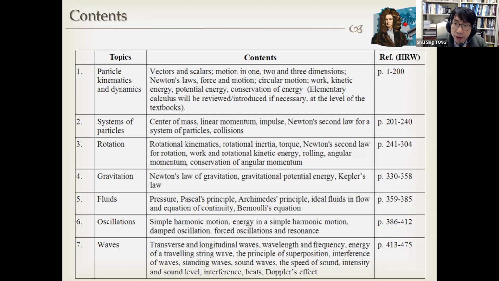Now, topic 3 is new for you. I don't think many of you have learned rotation in high school. It's a new topic because we consider an object with a finite size, so it can rotate about a certain axis. This is called rotational kinematics. Just like linear motion, it also has inertia, called rotational inertia.